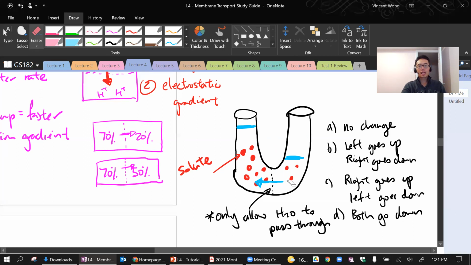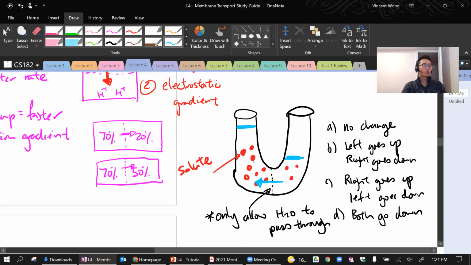So that's going to cause the concentration on the right side to go up. And by adding more water on the left side, you will be diluting the content. The water will stop moving when the concentration on the right and on the left are equal. So you will be concentrating the solution on the right side, but diluting the solute concentration on the left side.